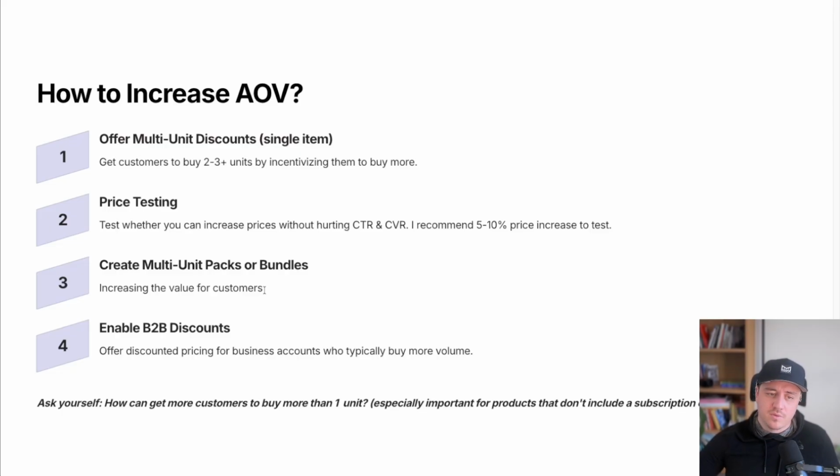Going back to number 3, bundles and multi-unit packs. Amazon customers are very similar to the Costco customer, where they're looking for value. And if you think about it, most Prime members are paying for that additional value with their Prime membership that they spend like $120 a year on. So if you can build bigger bundles with bigger AOVs and give them more value, you're going to have success with that.